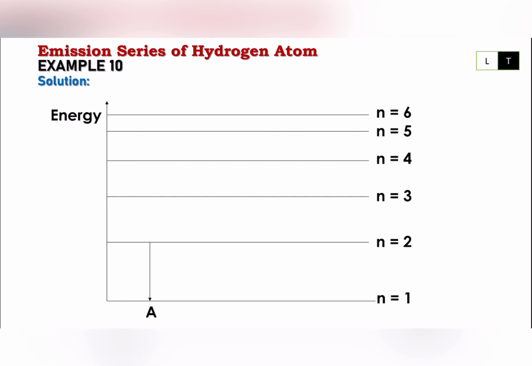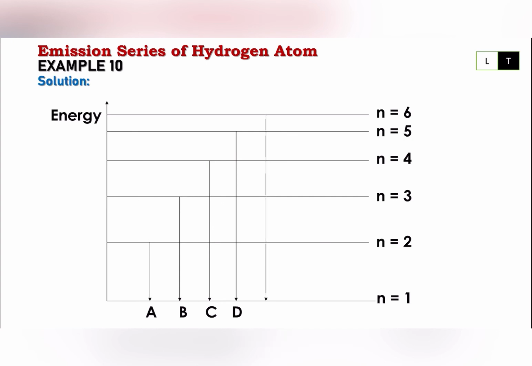I'm going to label at the bottom of the line. Next, I have line B from n equals 3 to n equals 1. Next, line C from n equals 4. Next, line D from n equals 5.